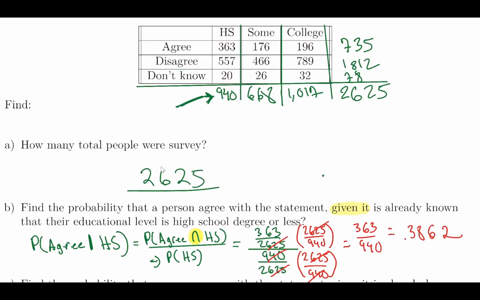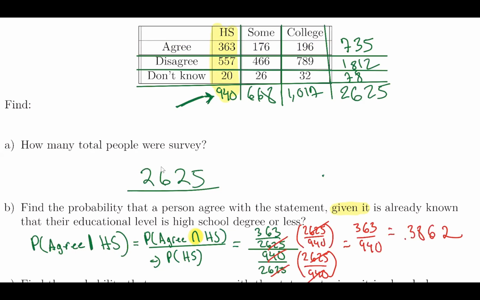So, oops, I don't want to erase that. What I want to do is focus on that one column. I don't want to focus on people who have some college or above. I only want to focus on people who have a high school degree or less.